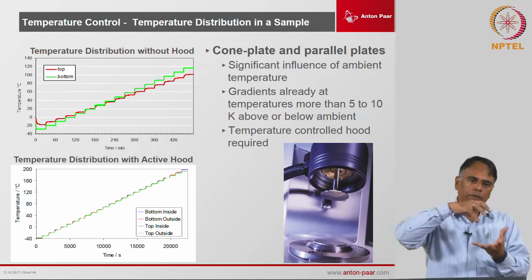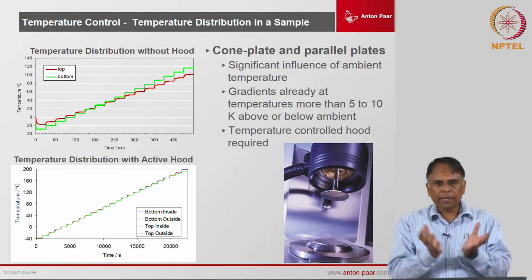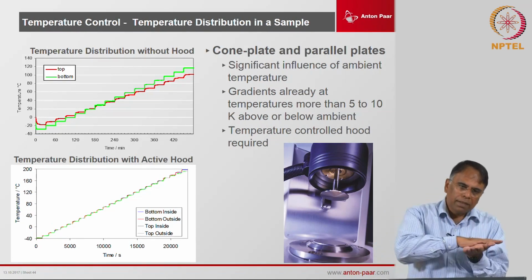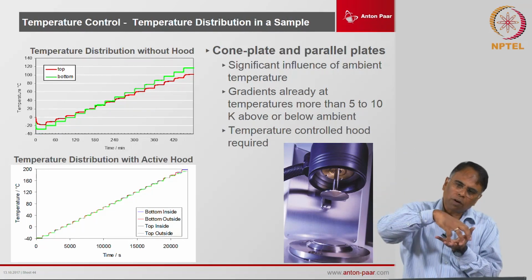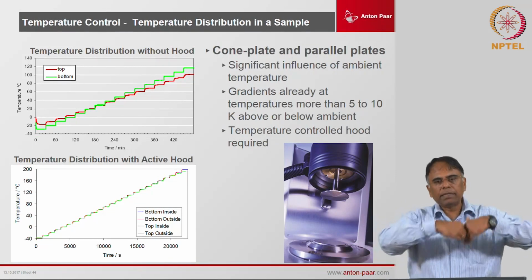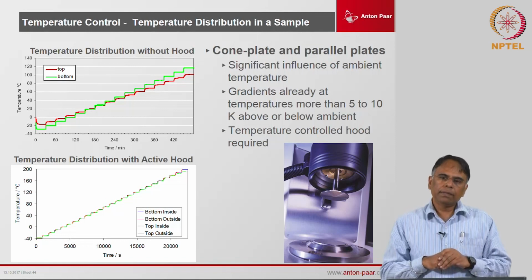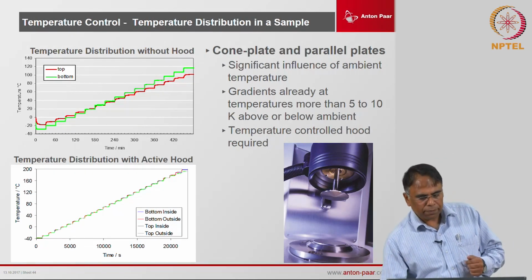So, it is always better to have the heating or the cooling done from all sides of the sample. That is the reason a flat plate alone may not be sufficient, you can also have a hood on the top, or you can have a nice enclosed convection chamber, which makes sure that the heating is all around the sample and there are no gradients within the sample.